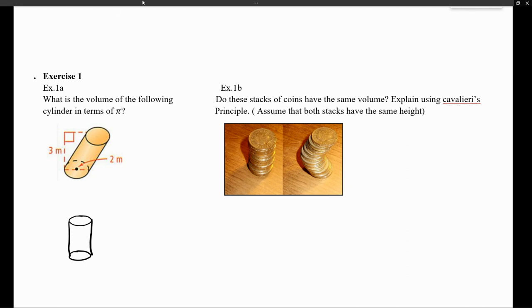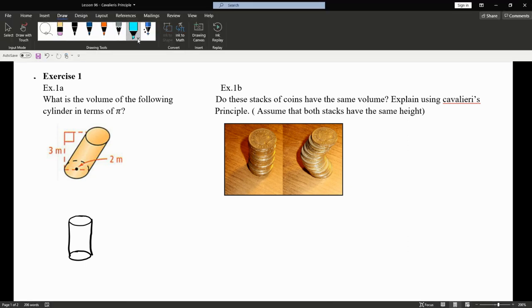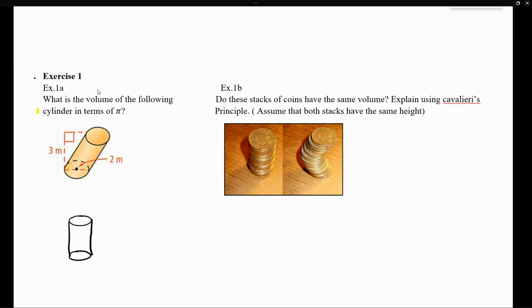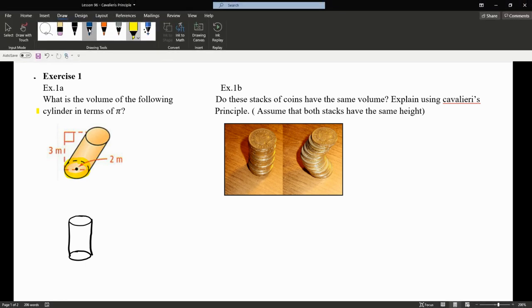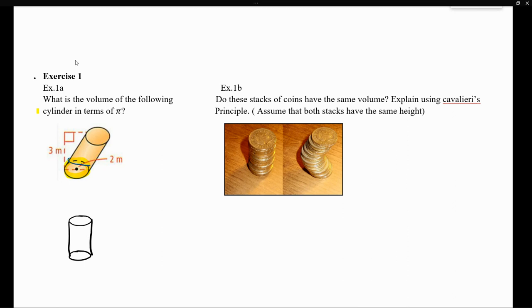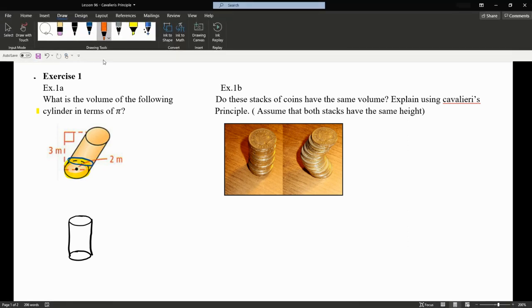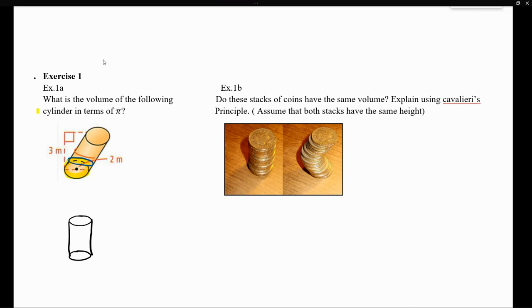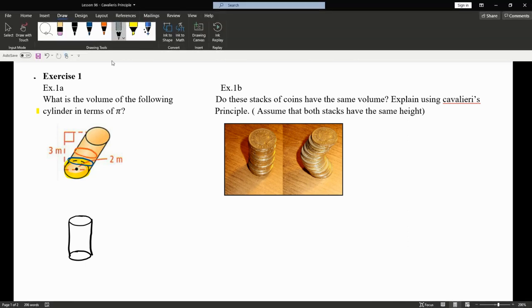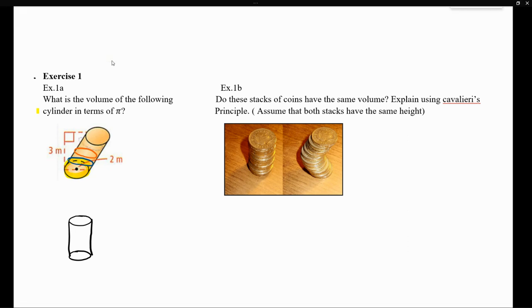Here we have a circle, here we have a circle, and all we're doing is stacking circles one on top of the other. Here we would stack another circle, and all the circles have the same radius. So regardless of how we stack our circles, we're still going to have the same volume.